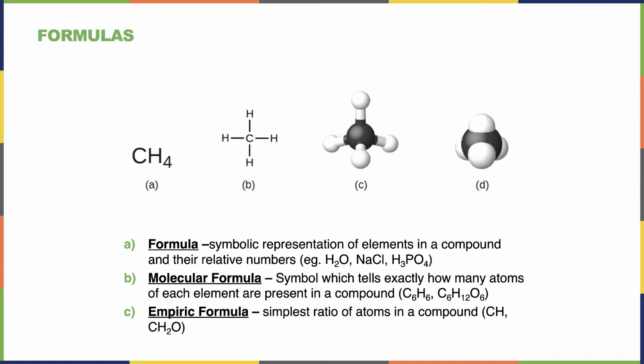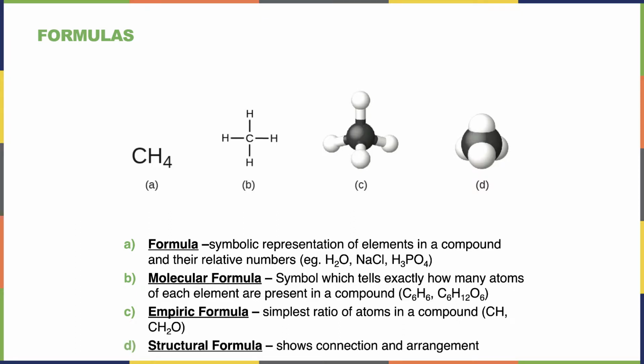So for example, benzene's molecular formula is C6H6, but its empiric formula is CH. That's the simplest. If you divide both 6's by 6, you get the simplest formula. The second one is the empiric formula for glucose. C6H12O6 is the molecular formula. The empiric formula is CH2O.